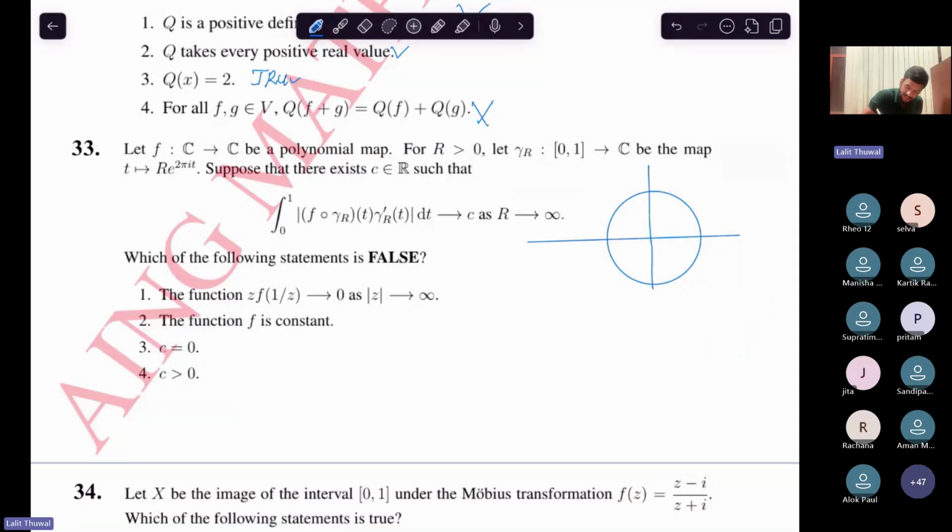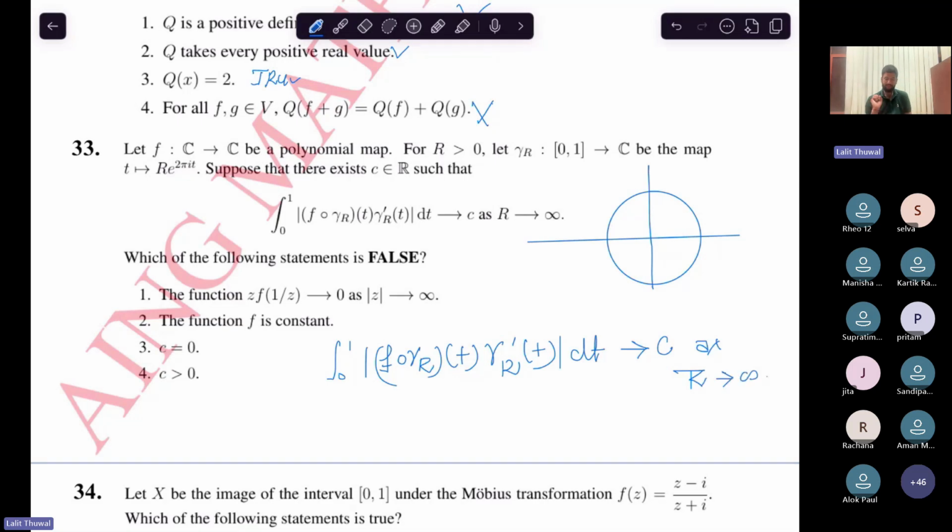Suppose that there exists a C in R such that the integral of f composed with gamma R at t times gamma R dash t dt tends to C. It converges to a real number.